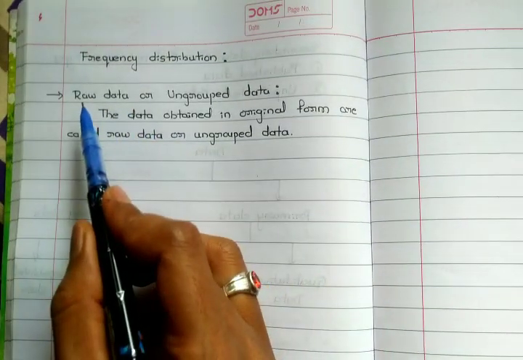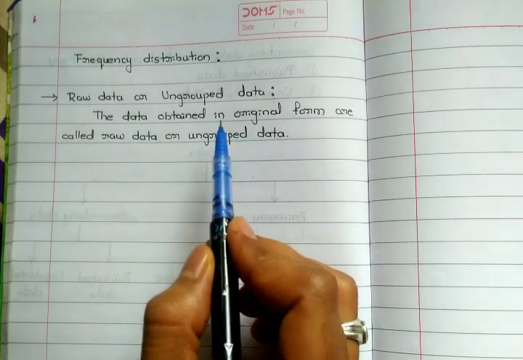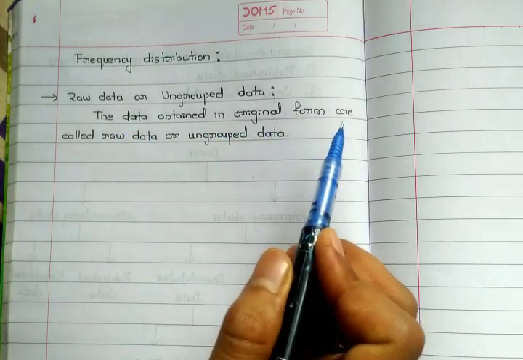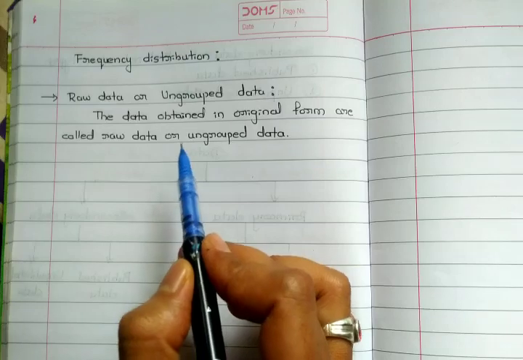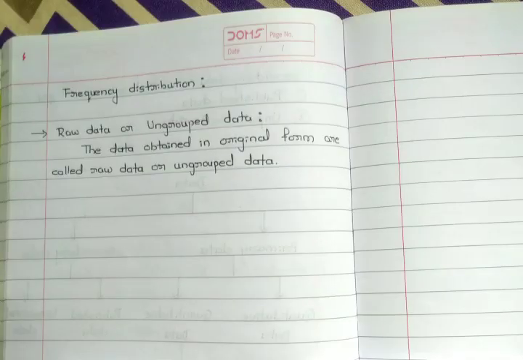Raw data means the data obtained in original form are called raw data or ungrouped data. For example, I need to collect data on the number of children in 15 families.